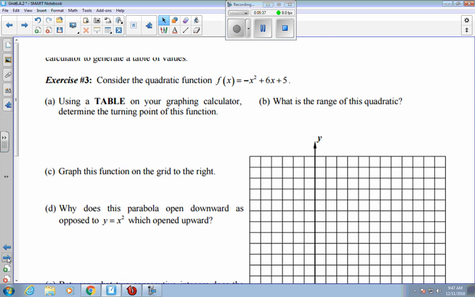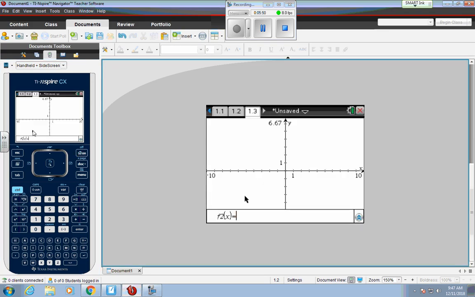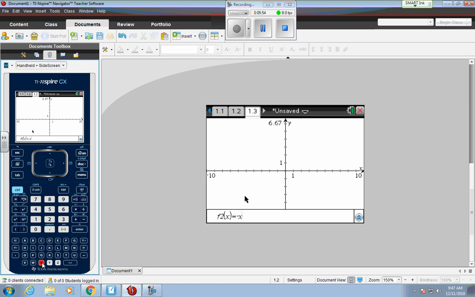Next part, consider the quadratic function, negative x squared plus 6x plus 5. Using the table on your graphing calculator, determine the turning point. So calculator, we are going to graph another one. So this is negative x squared plus 6x plus 5.